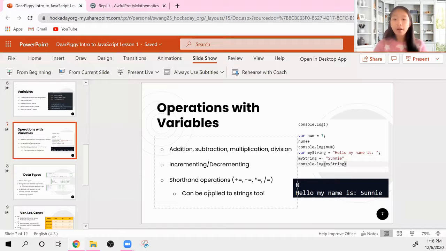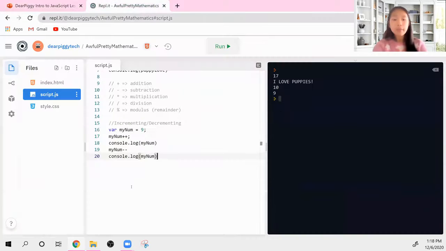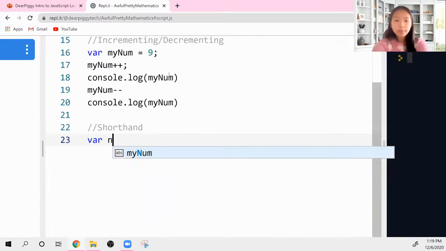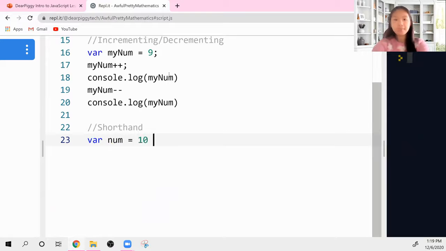Let's talk about shorthand operations. This shorthand is plus equals, minus equals, multiply equals, and divide equals. Let's go ahead and do that. Shorthand. Say we're going to be using variable num is equal to, let's use 10. 10 is a pretty even number.